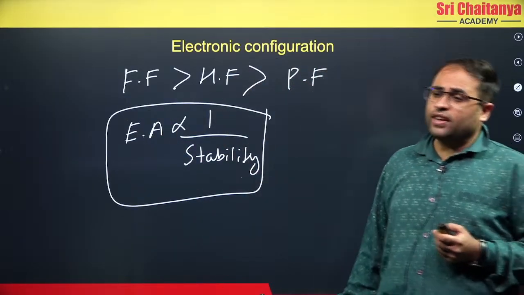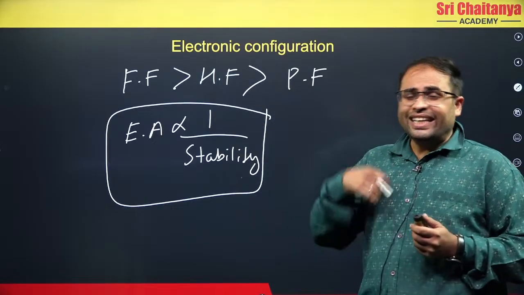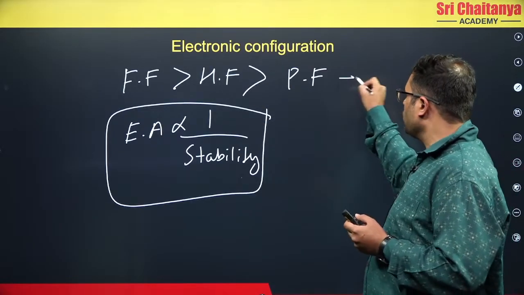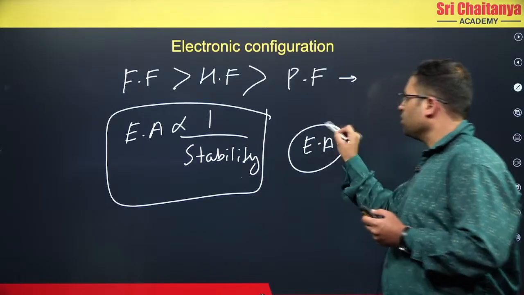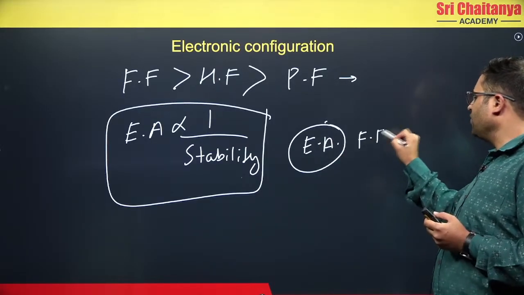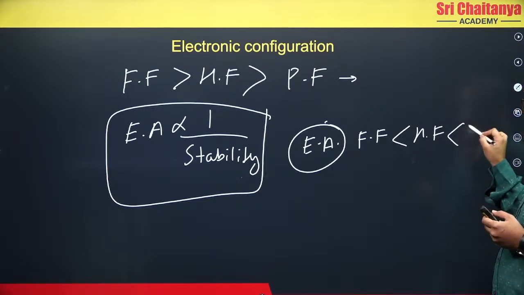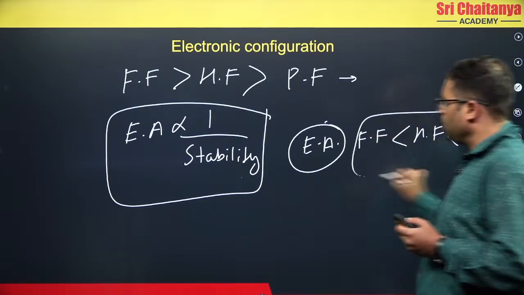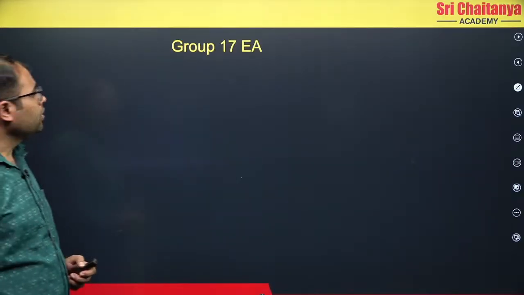So electron affinity order will be what? Fully filled will have the least electron affinity, then you have half filled, and most affinity will be for partially filled, right? So like this you can arrange them.